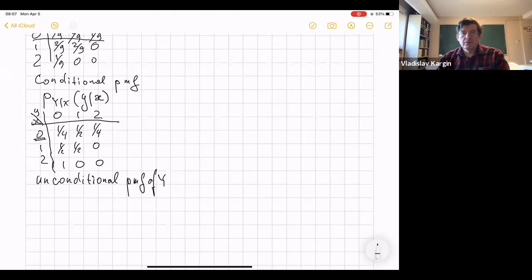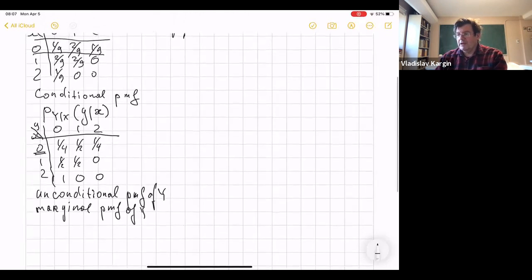So, marginal probability. Hopefully you can still hear me. The marginal PMF of Y: here we have just the possible values of Y, which are 0, 1, 2, and this is just the sums of the columns.